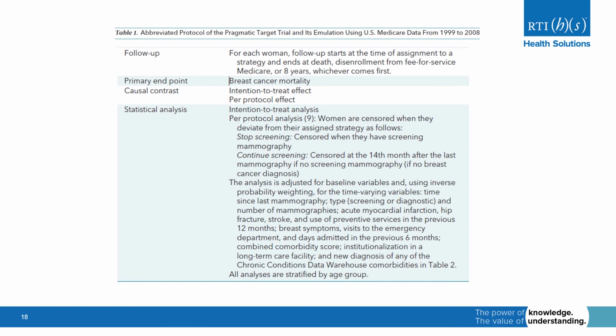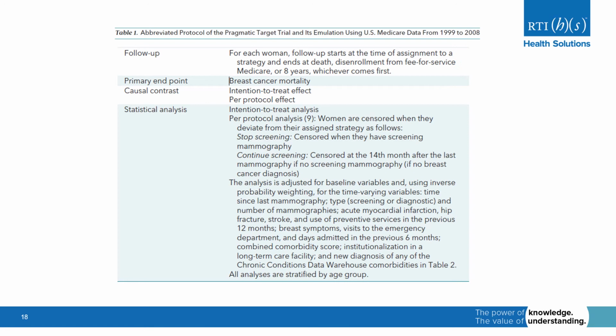Here we are using a grace period of 3 months. So those that don't continue screening will be censored. This censoring needs to be adjusted for, even if we are in a randomized clinical trial. And to adjust for that, we will use inverse probability weighting that will adjust both for baseline variables and for time varying covariates. Okay, now we have an idea of what would be our target trial.